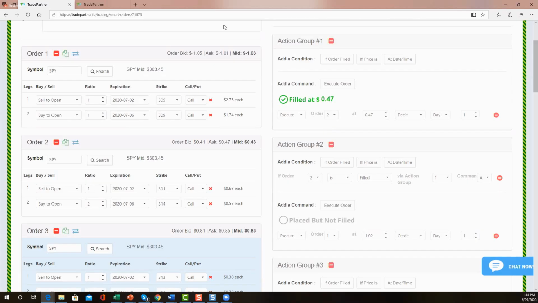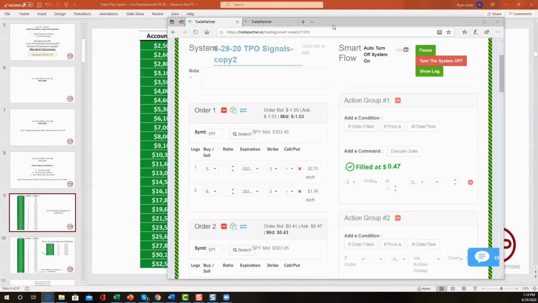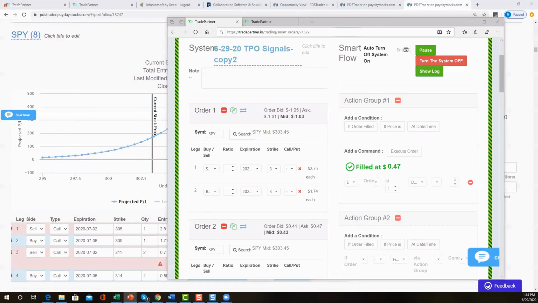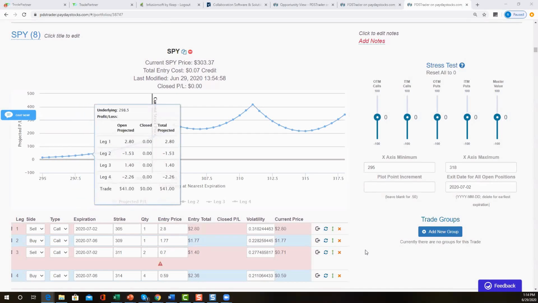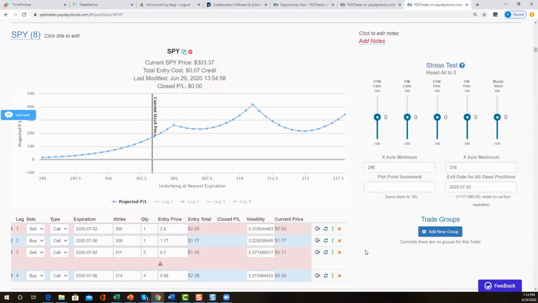Nonetheless, let's take a look at the graph of these. All right. Now, that total credit at 102 and 47, that's actually an 8-cent credit, which is a little bit better than what you see here on the screen. This is the combination of these 2 trades, by the way.